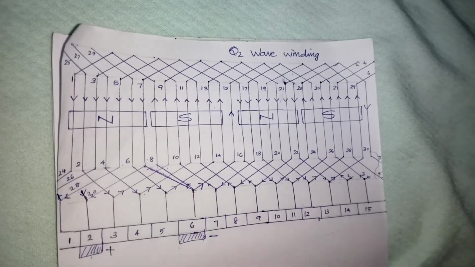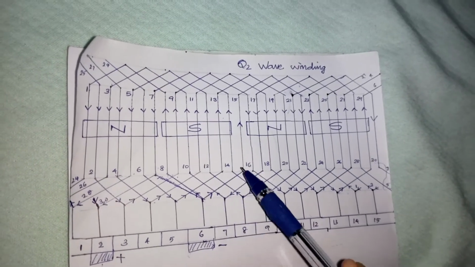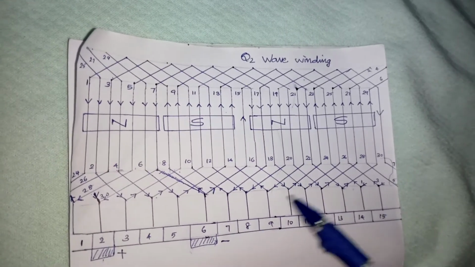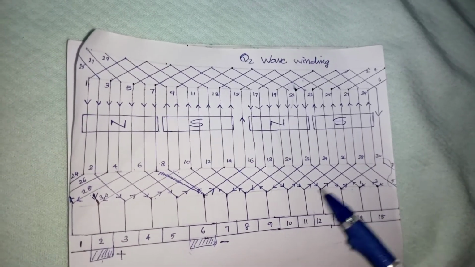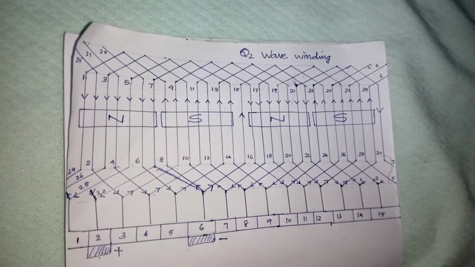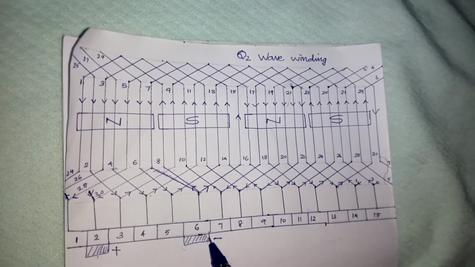Okay, so there will be a negative brush. Here we are assuming that the direction of current through the 16th conductor is upward. Then only we can fix a brush at the 6th commutator segment. So we got two brushes, at the second commutator segment and the 6th commutator segment.